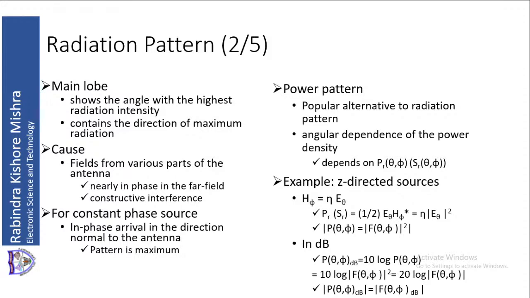Now, log of x squared is equal to 2 log x. Using that, 10 log F(theta, phi) squared is equal to 20 log F(theta, phi). So P(theta, phi) in dB is equal to 20 log F(theta, phi).